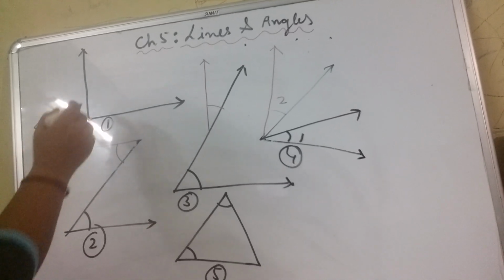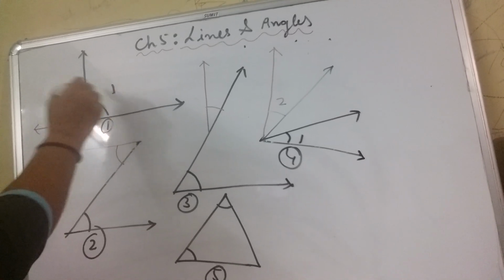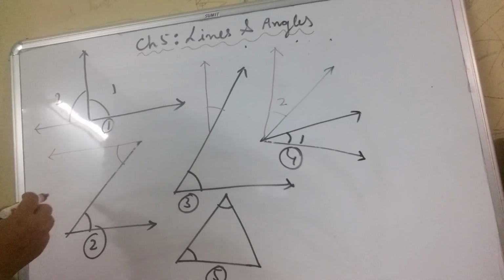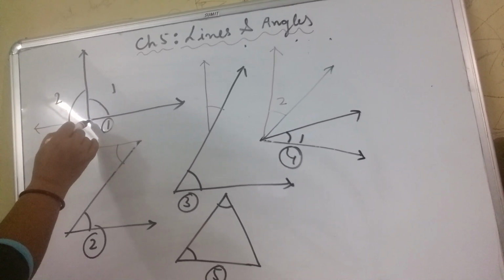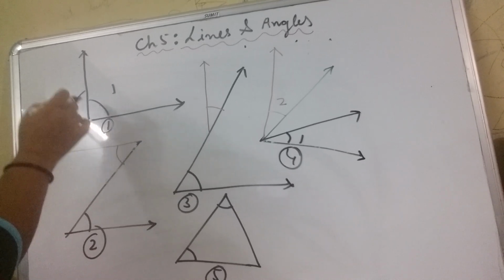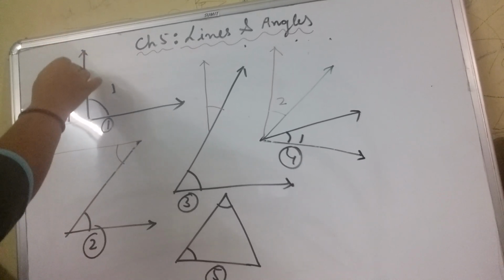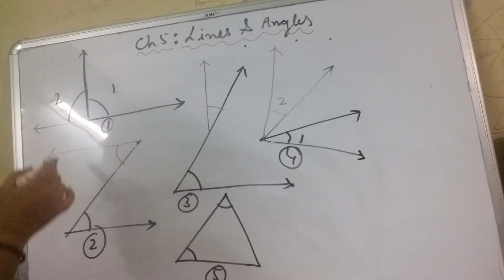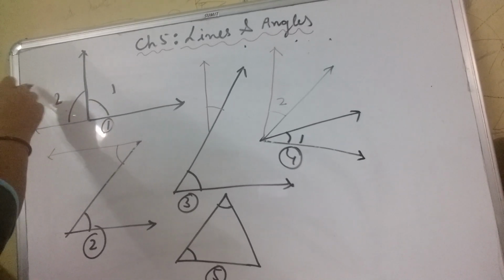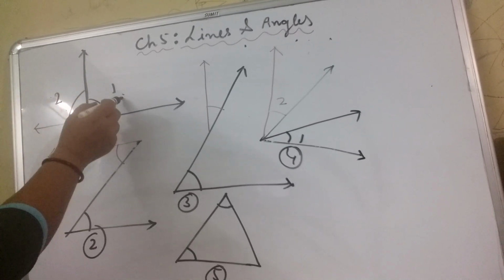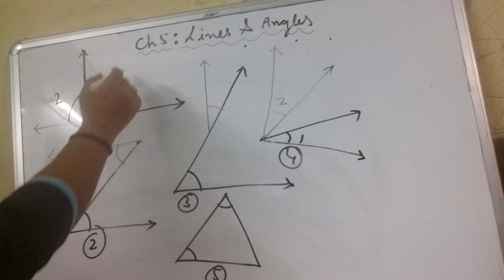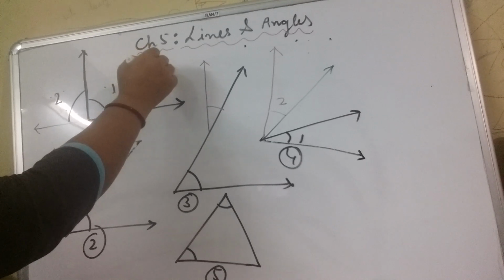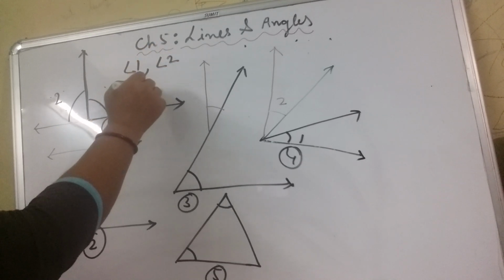If this is angle 1 and this is angle 2, they have a common vertex, and this is their common arm, and they have no common interior point. It's evident from this picture. So we can say angle 1 and angle 2 are adjacent.